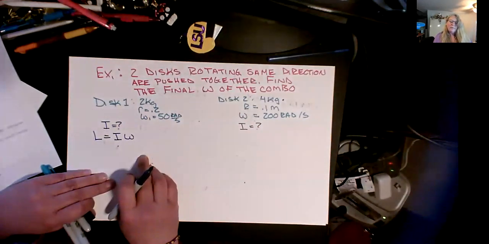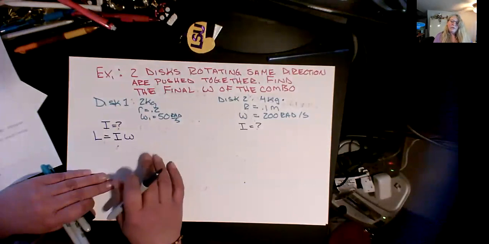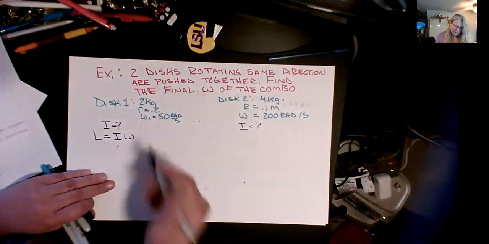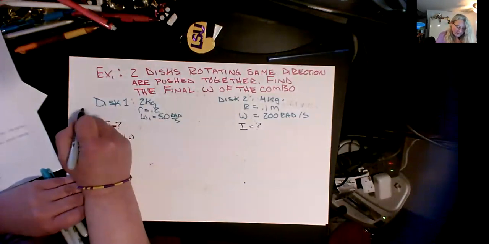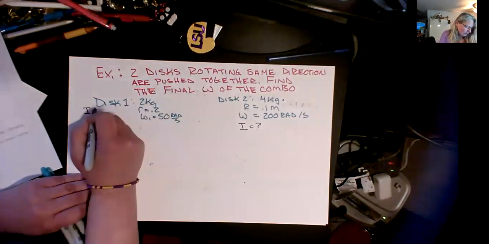Now I can look at the table in my book, and I find that for a disk, I equals 1/2 mr squared.